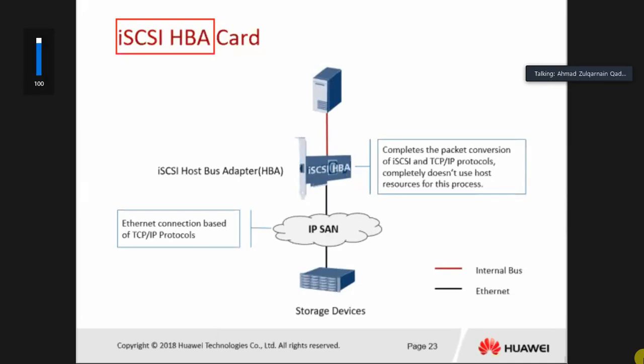Yes, sir. Thank you for giving me a chance to participate. Sir, iSCSI, as we know by the common name, Internet Small Component Serial Interface. When we talk about host bus adapter, that means we have to provide the direct attachment with the switch or host to host connectivity.